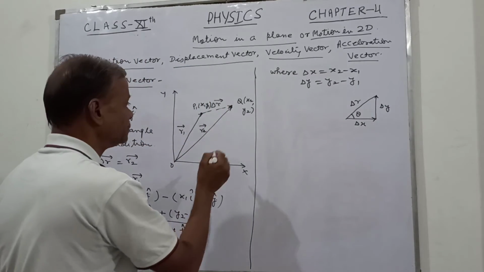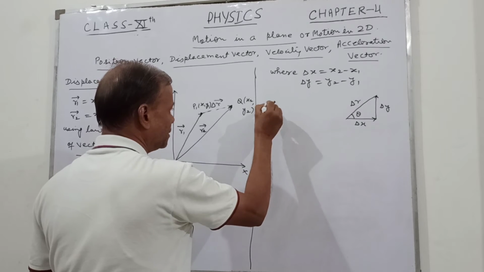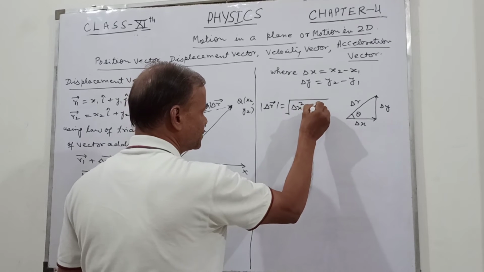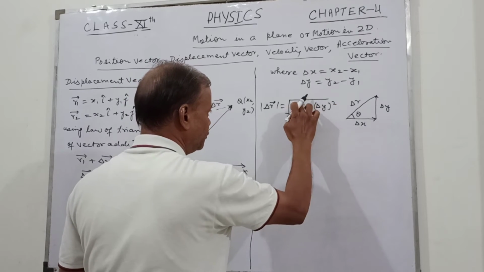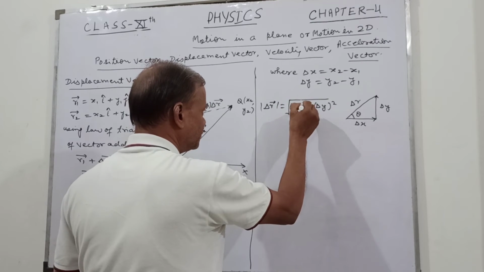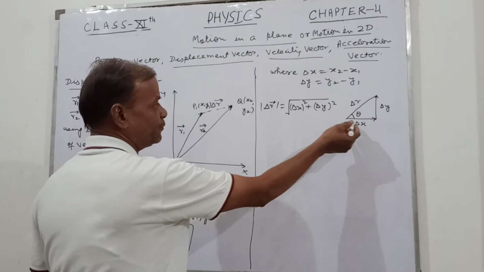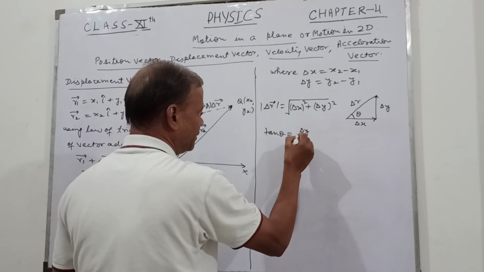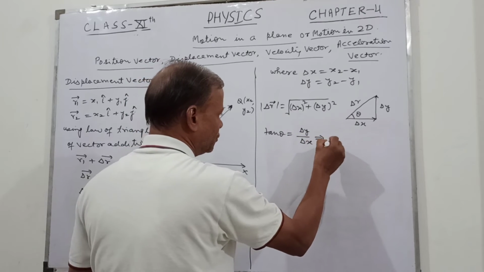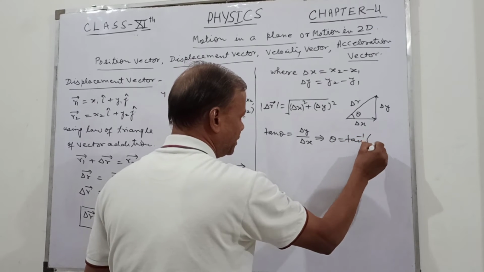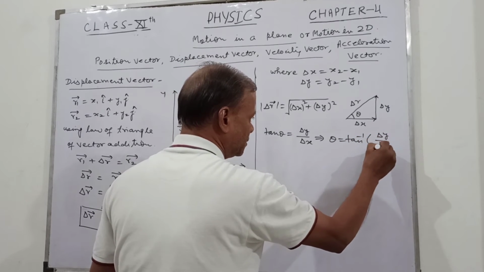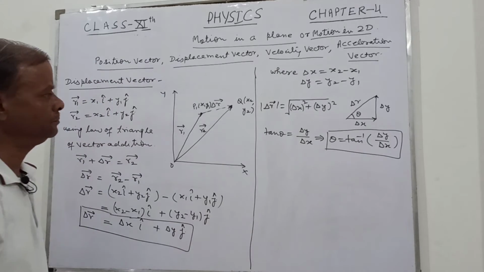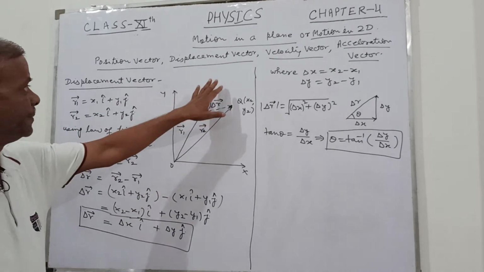Then you can have the magnitude of delta r, equal to the square root of delta x square plus delta y square. And tan theta is equal to delta y upon delta x, or theta equal to tan inverse of delta y upon delta x. So this is the displacement vector.